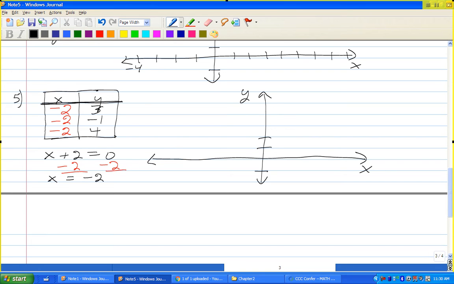Okay, so -2, 3, -2, -1, -2, 4. So draw a line passing through those points.